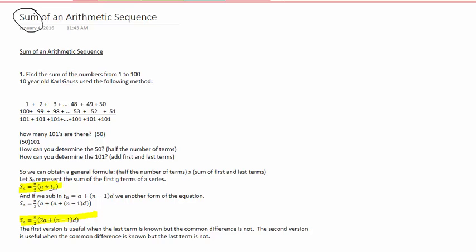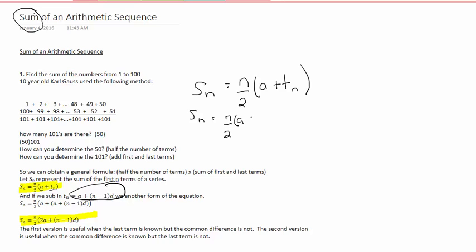If we took the formula we knew, I'm going to do some work up here so you can see it, n divided by 2, this was the original formula that was derived from our example of the story of Carl. I know that t at n is equal to a plus n minus 1 d from day 1. So if I substitute that in, I get n divided by 2, a plus a plus n minus 1 d.